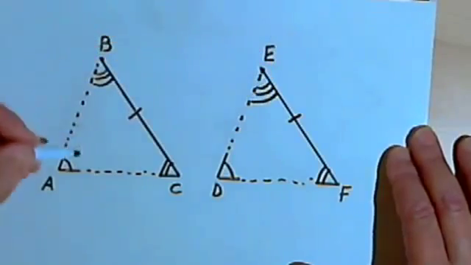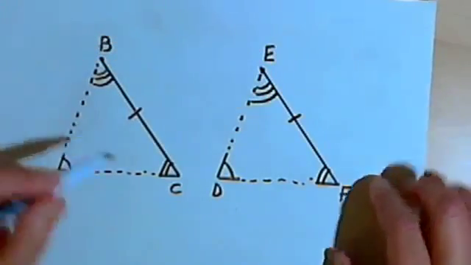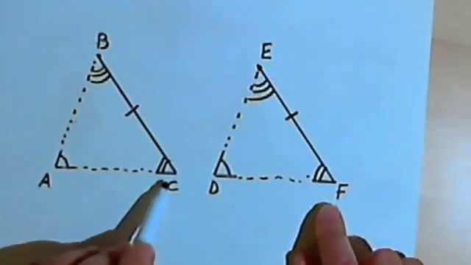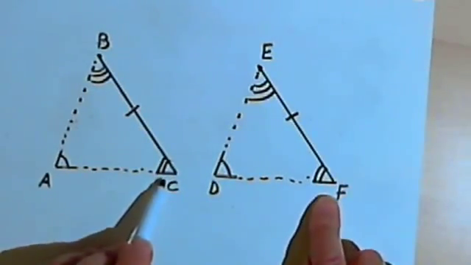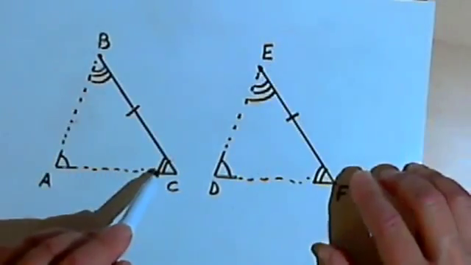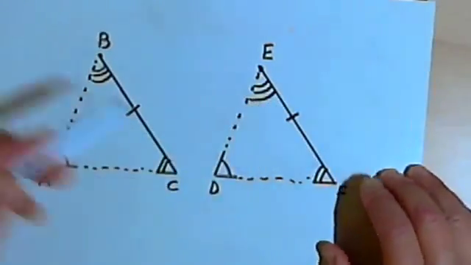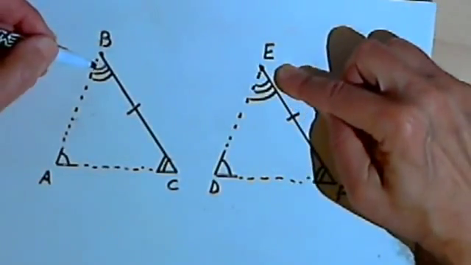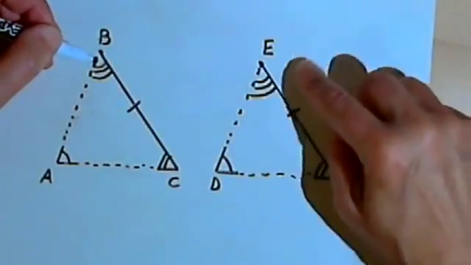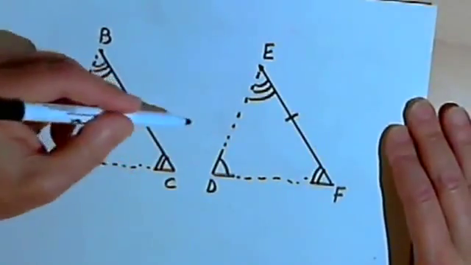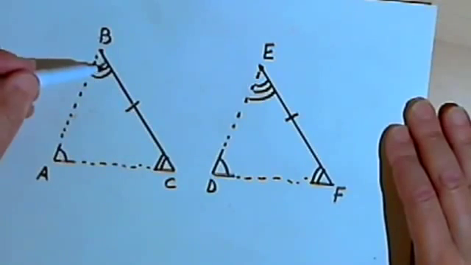Well, now what I've done is create a situation where I've got angle, side, angle. I've got angle C, and in the other triangle, angle F. I've got a side right next to that, CB. For the other triangle, it's FE. And then another angle, angle B, and angle E. So these two triangles must be the same because of angle-side-angle congruence.